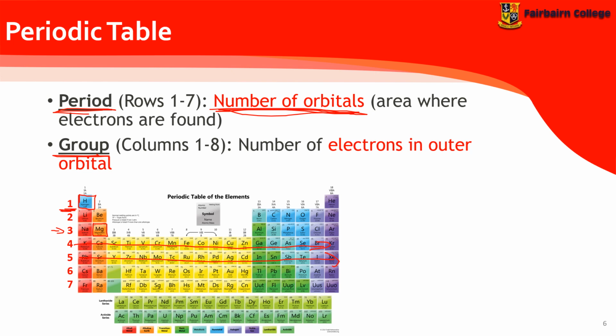Then the groups. The groups are the columns going from the top to the bottom. And there are 8 groups, and you might notice that we skip this whole block here in the middle. Now, we're not going to get much into why this is the case.